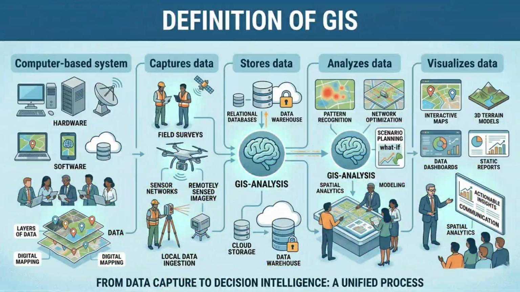Because of its wide range of applications, GIS has become very important, especially in research and solving real-world problems. In general, GIS can be defined as a computer-based system used to capture, store, analyze, interpret and visualize data related to the Earth.